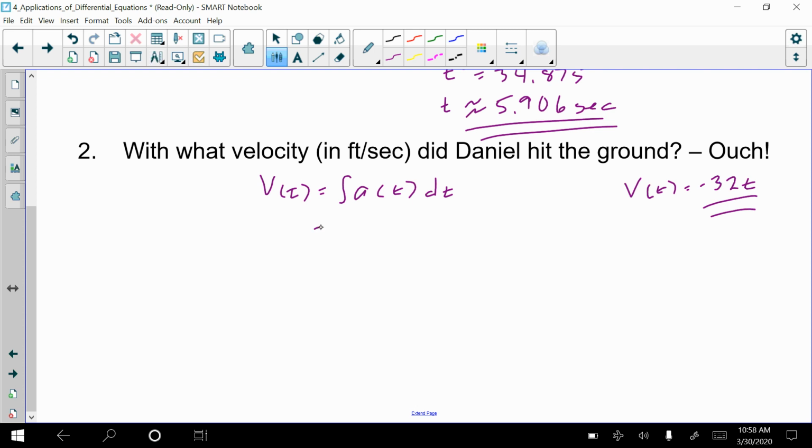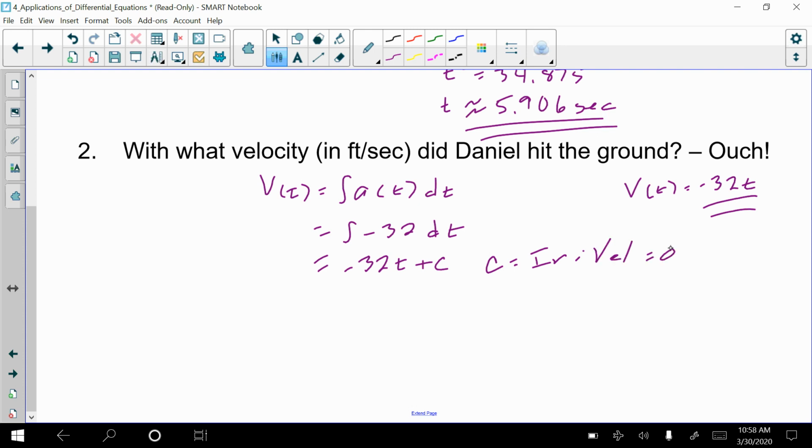When I take the antiderivative of the acceleration function, I have negative 32 dt, and that would give us negative 32t plus the constant. But we know the constant in this case, c, is the initial velocity, which is 0.